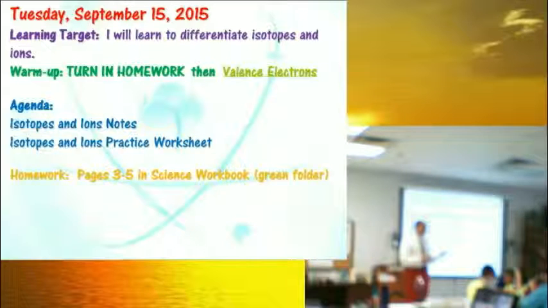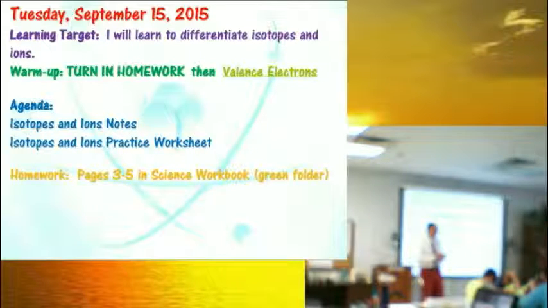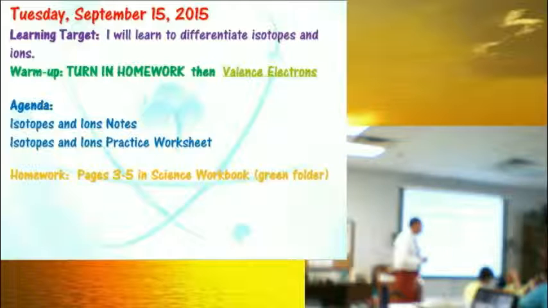What are the protons? Positive. And what are the electrons? Negative. Okay, but if you had 25 protons and 25 electrons, what happens to that charge? If you had 25 positive and 25 negative, 0. They cancel each other out. And that's the reason why the atom is considered to be neutral.